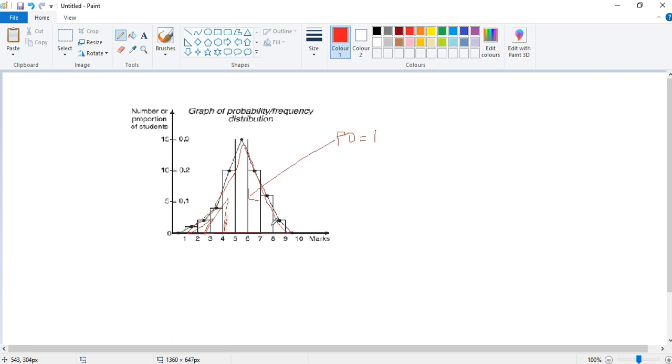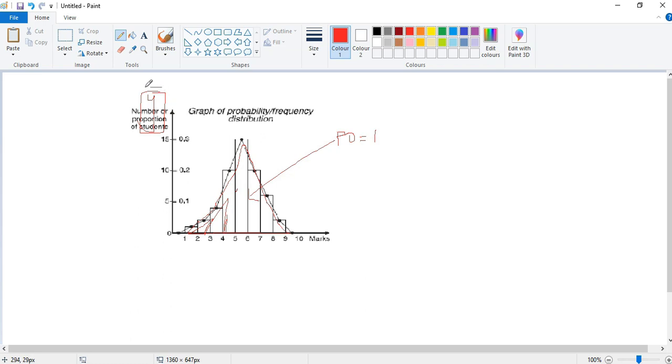But if they give a frequency distribution graph, where the y-axis is frequency, not probability, then the area under the graph will represent the number of students. So basically what I am trying to say is, whatever is on the y-axis will represent the area of the graph. If you put the frequency distribution, then the frequency will be the area under the graph.